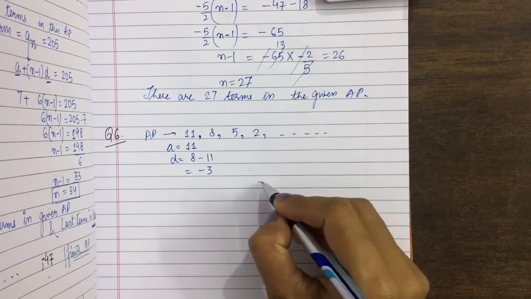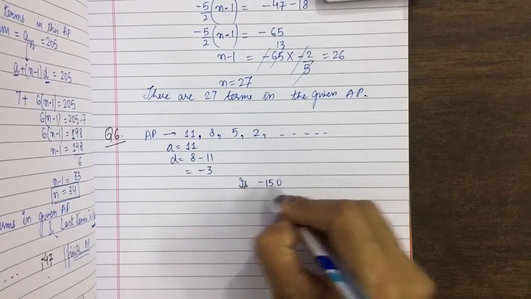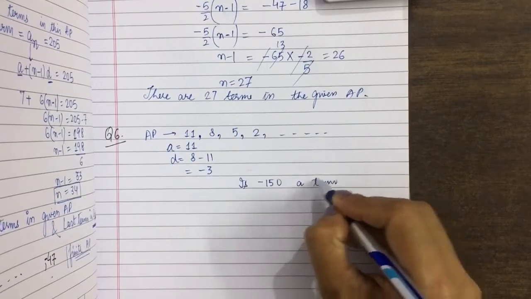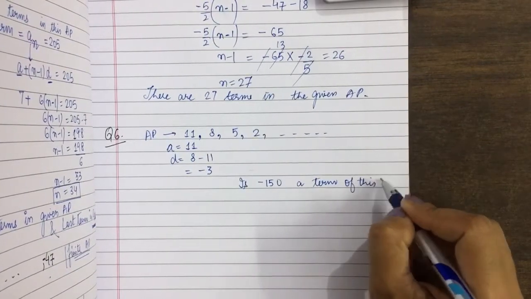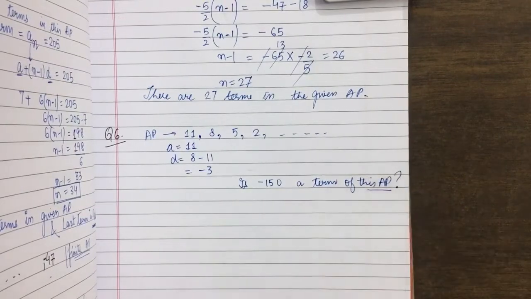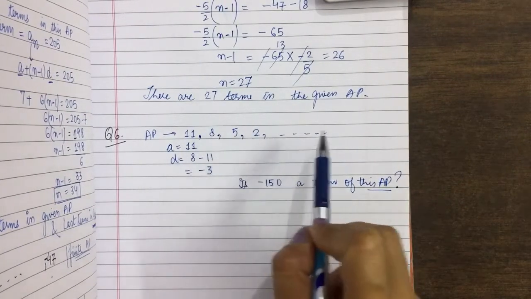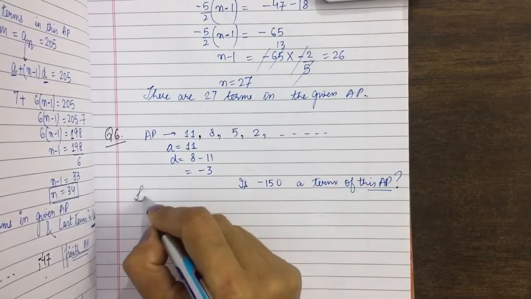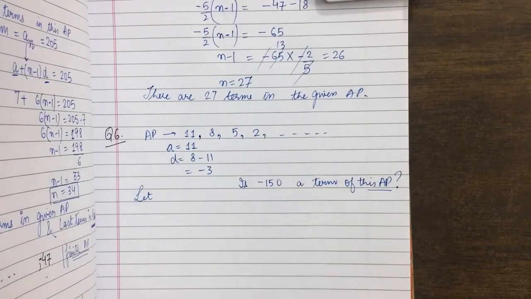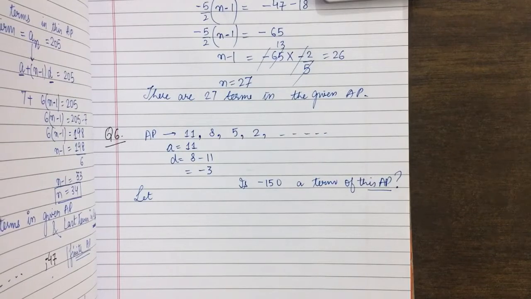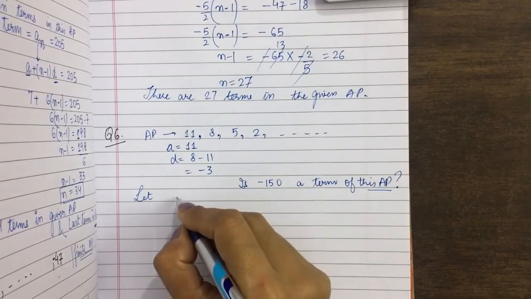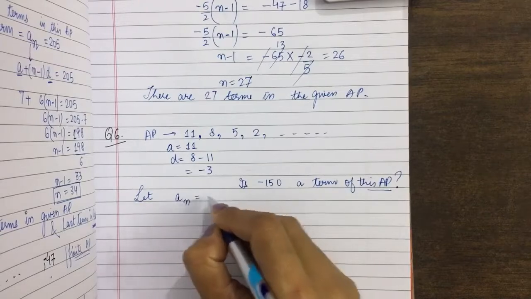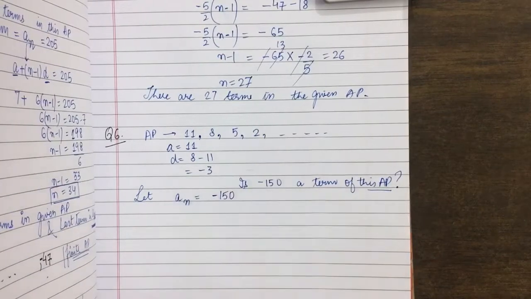I want to find out, is minus 150 a term of this AP? So if you keep on writing the terms, will you see minus 150 in the list or not? So for this, let us assume that yes, we will see minus 150 at some place. Let an equals minus 150.